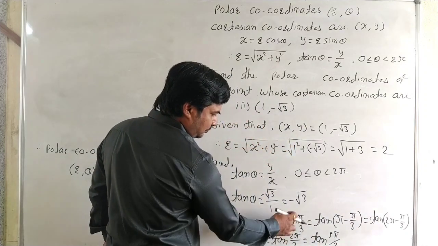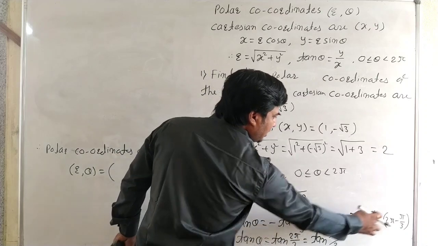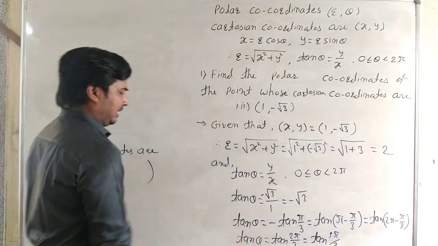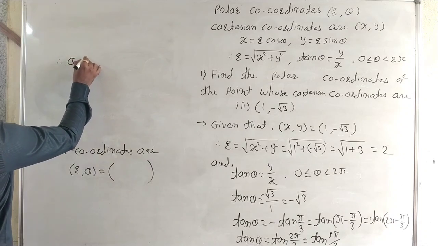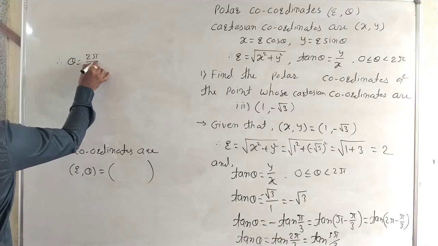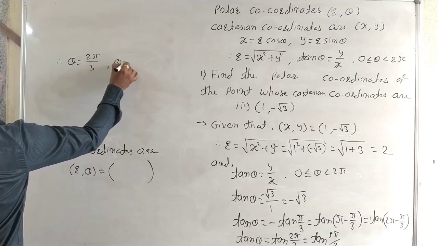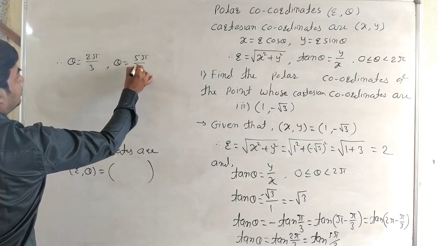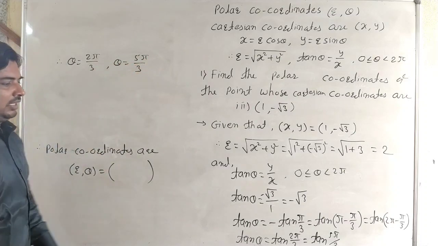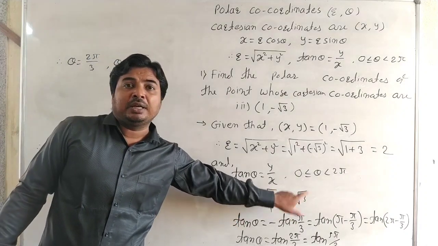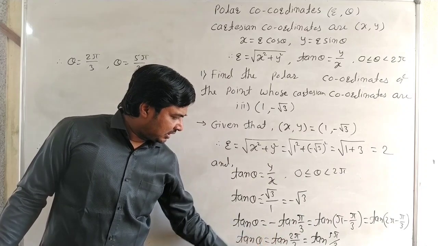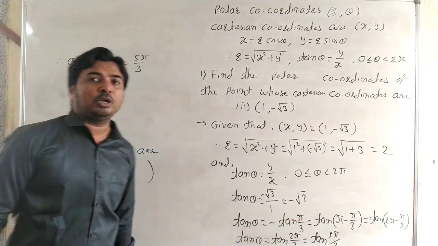Therefore theta is equal to 2 pi by 3 and theta is equal to 5 pi by 3. These are the principal solutions of the expression tan theta is equal to minus under root 3. Theta is equal to 2 pi by 3 and theta is equal to 5 pi by 3.